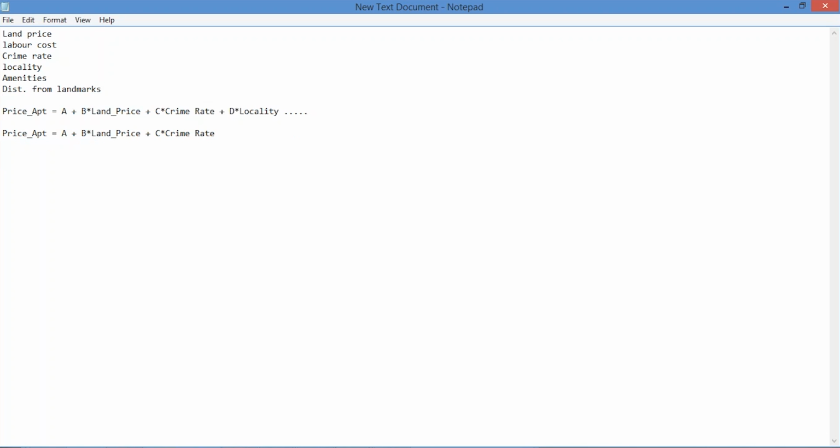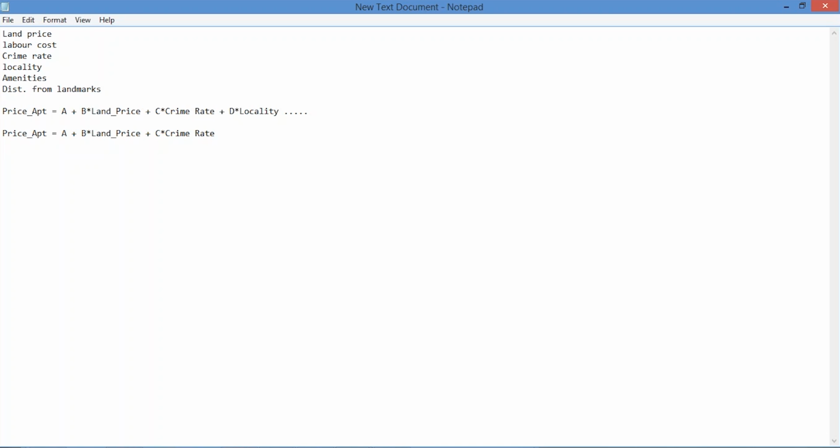There is a dependency on many other things, but this is my price of the apartment, and this is my regression equation just for this example's sake. I'm taking A plus B into land price plus C into crime rate. Now we all need to have the values for A, B and C, do you all agree with me? We need them to predict the price of the apartment, correct?